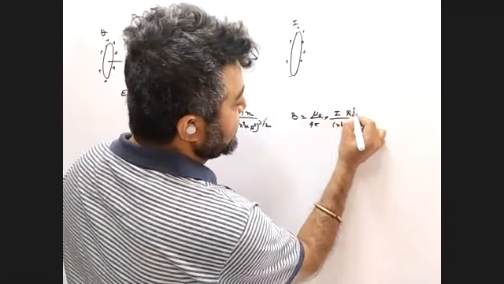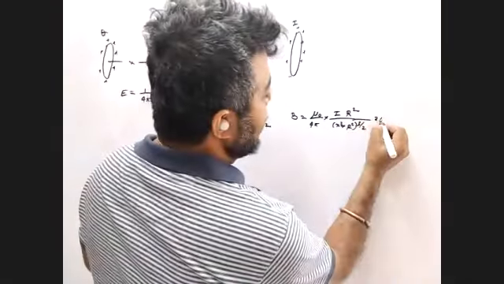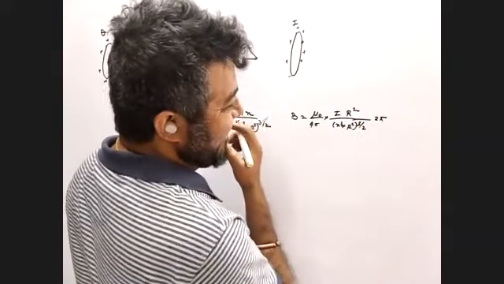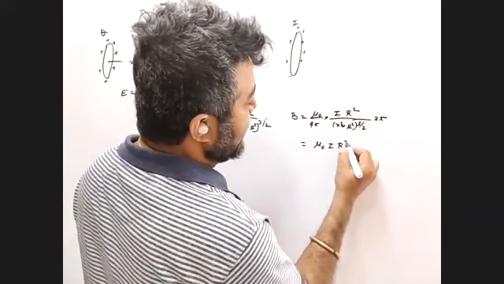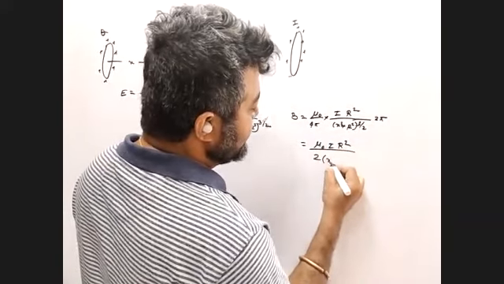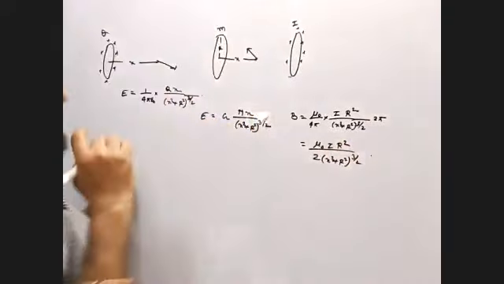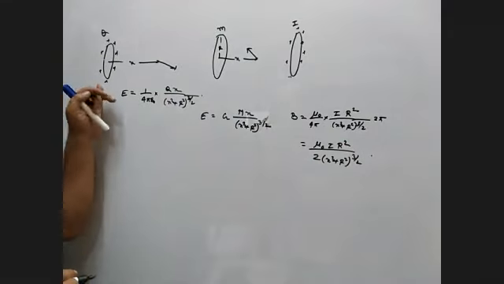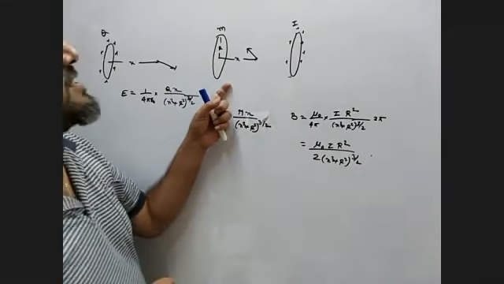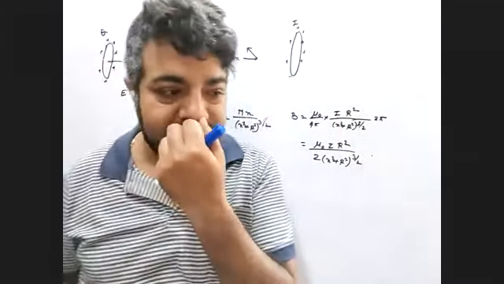I R square, wasn't it? And there was a 2 pi here for the angle, theta. So mu naught I R square by 2, x square plus R square to the power 3 by 2. Is it clear? And that's why at the center, your electric field is 0, gravitational field is 0, but the magnetic field is not 0 if it is current, right?